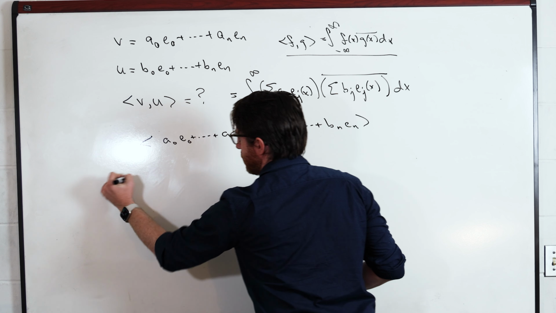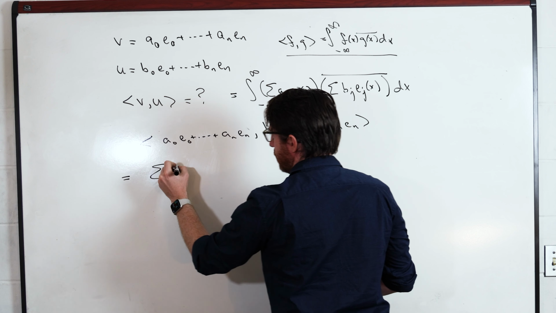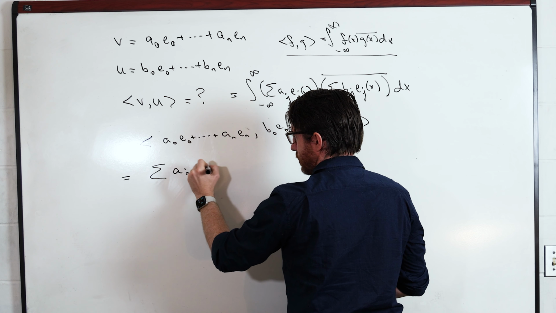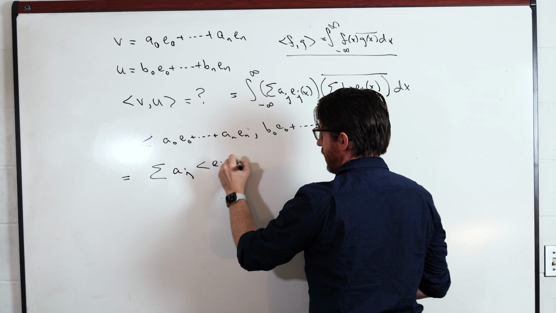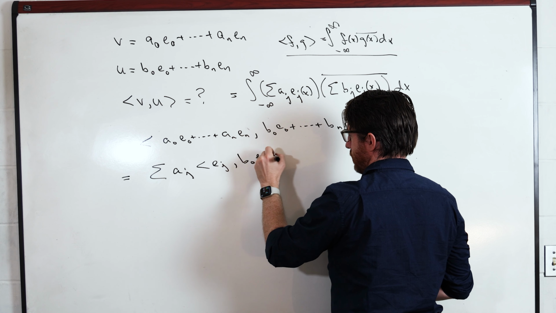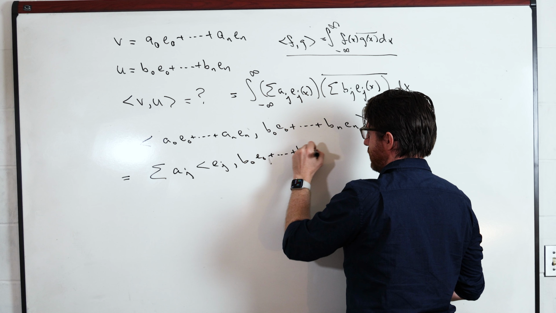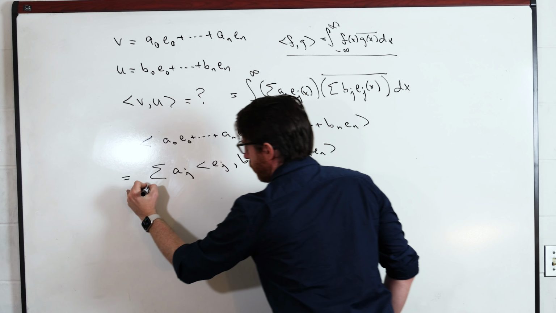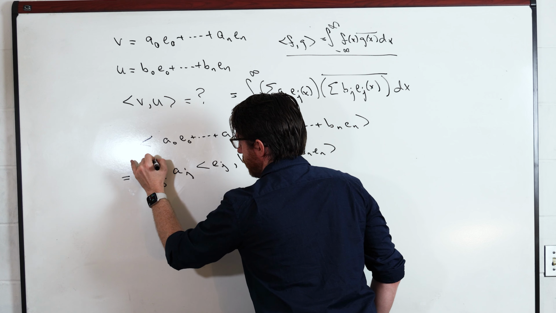And so this is going to be the same as a sum of aj times the inner product of ej against these, b naught e naught up to bn en. And this is j, of course, running from, say, 0 up to n.